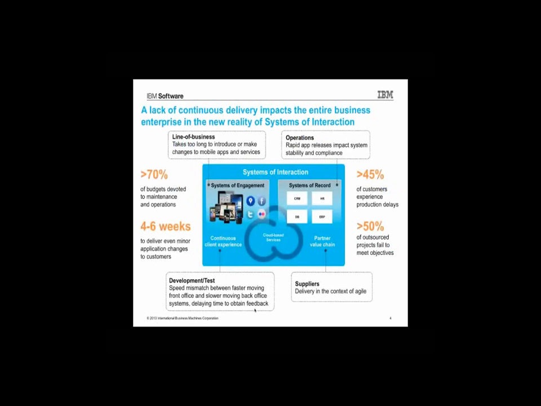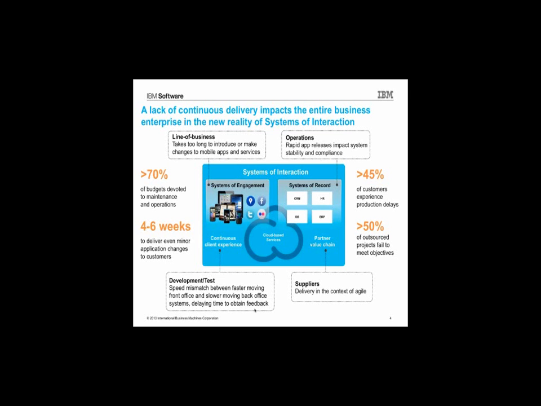As we move on to the next chart, one of the things that we observe over and over again, and you probably experience this every single day, is a general lack of ability to continuously deliver software. This manifests with people in the line of business, who feel frustrated because it takes too long to get things out the door. The development team is usually, these days for mobile, almost always doing lean and agile processes, but even as fast as they can go, the problem is the operations team is on a completely different time scale and frequency.